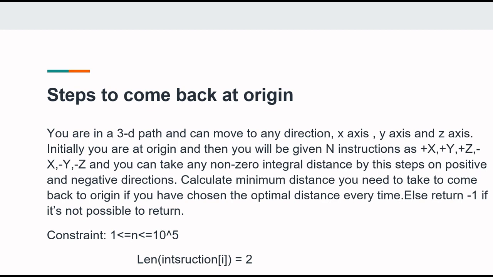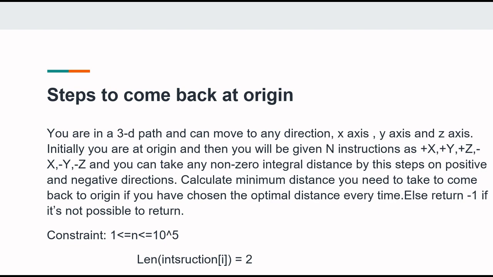So I will be given some instruction as plus x, plus y, plus z, minus x, minus y, minus z. And you can take any non-zero integral distance by these steps on the positive and negative direction. So if plus x, I can go any step in the positive x direction.